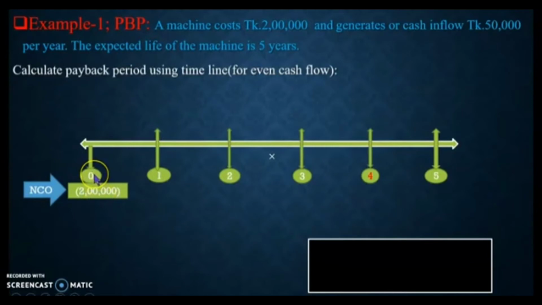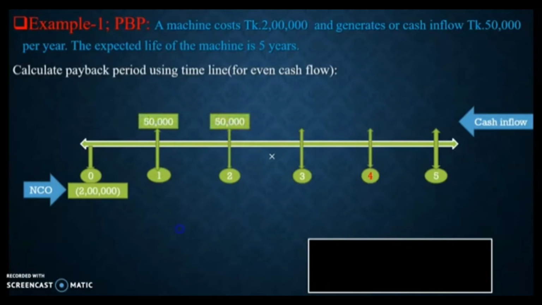Year zero means today's investment. That means NCO is a negative figure, taka 2 lakhs, spending our capital. And it generates cash inflow in the first year taka 50,000, second year taka 50,000, third year taka 50,000, fourth year taka 50,000, and also fifth year taka 50,000. That means this problem has even cash flows because all cash inflows are equal.